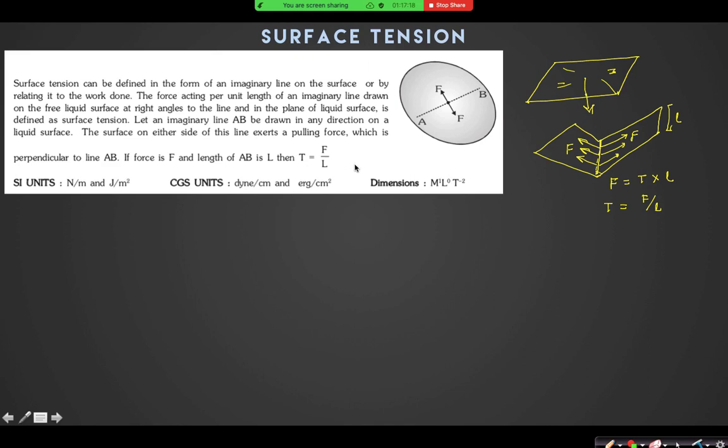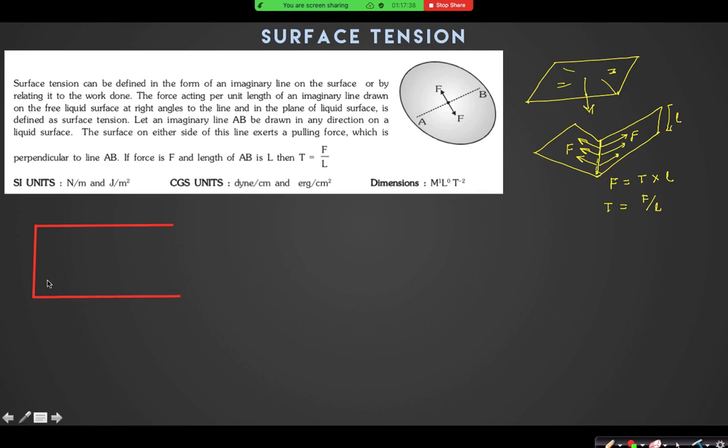So how do we express surface tension in terms of energy? Let us try to understand it. Suppose you have created a rectangular wire frame, right?